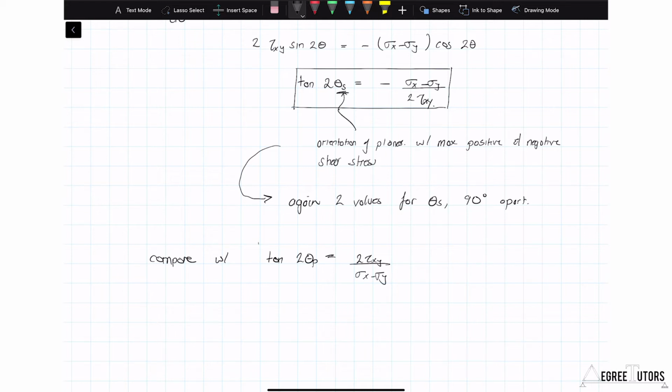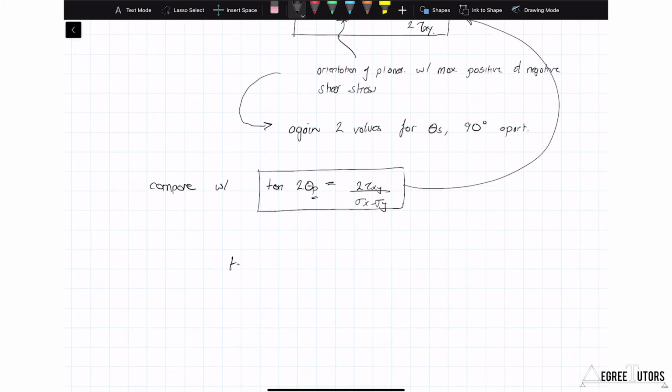Note the theta p here, it's a different equation. Compare that with that, and when you do that, you can see that the tan of 2 times theta s is actually equal to minus 1 over the tan of 2 theta p.